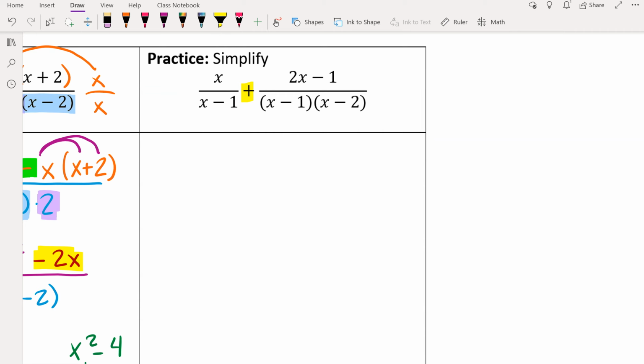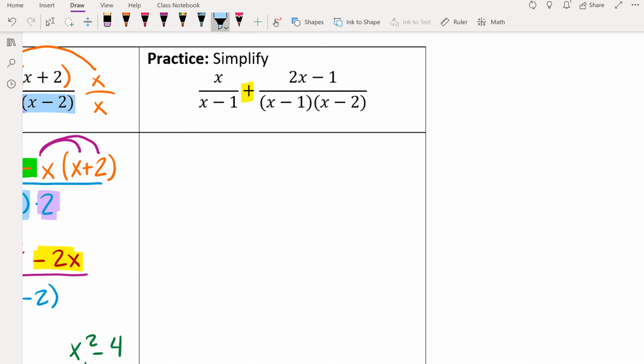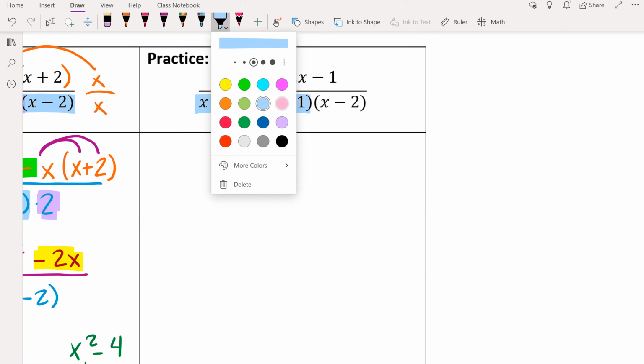Okay. So the first step was to factor the denominators. Well, check. The denominators are factored. We have the factors x minus 1 and x minus 2 in the denominators. The second step was to get common denominators. So I'm going to highlight what I see. I see x minus 1, and that also shows up here. So that's a pair.